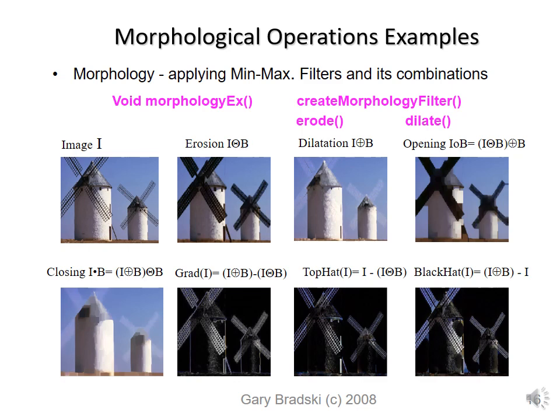So this is a dilatation. The opening can be achieved by applying the erosion first, then applying dilatation later. The closing can be achieved by applying dilatation first, then applying erosion later. OpenCV provides several morphological operation subroutines.